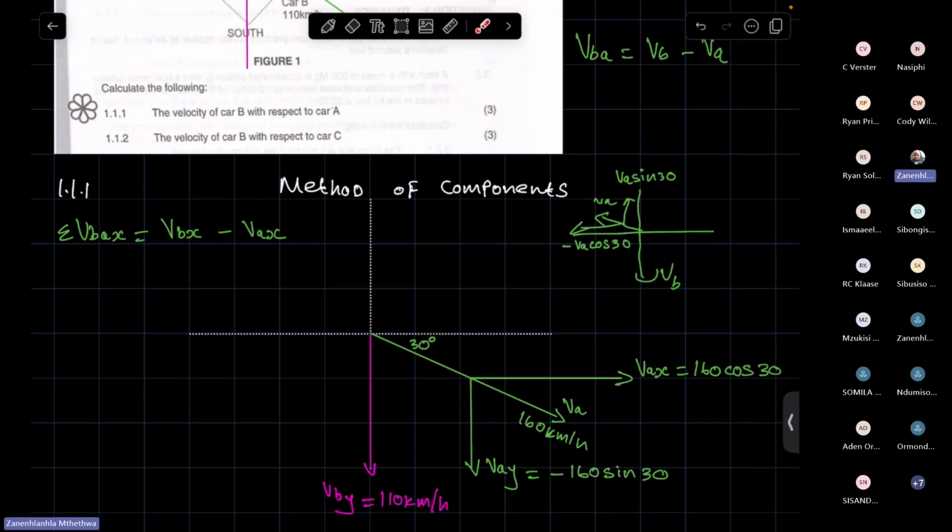So to negate having to use this, the way I instead express relative velocity is by drawing the frame of reference in a direction that is opposite the one that's been given. So this and this method are going to give you the same thing, but this one is more efficient, more proficient. Why? Because you are literally applying conditions of equilibrium.